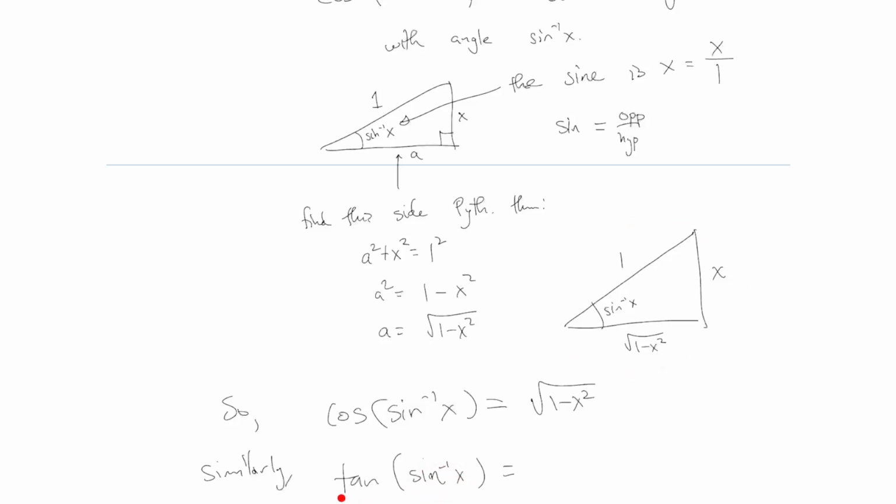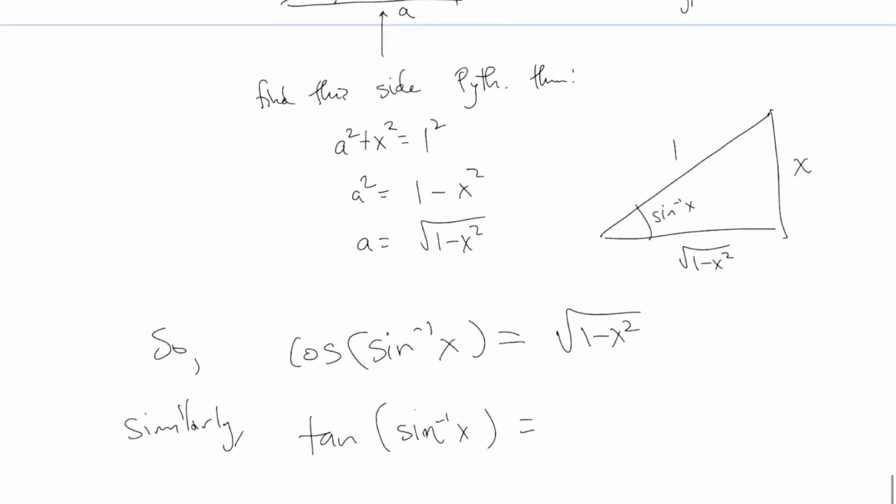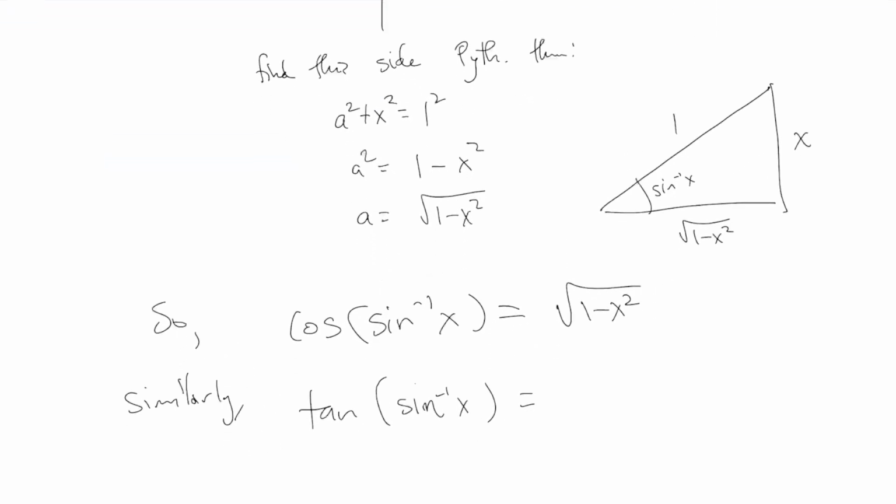So if you are asked to do tan of inverse sine x, you would first draw the triangle for inverse sine x, which is that, and then you just take the tan of this angle here. Can anybody say what's the tangent going to be? I hope you remember your SOHCAHTOA thing, right? The tan should be opposite over adjacent. What's it going to be in this case?